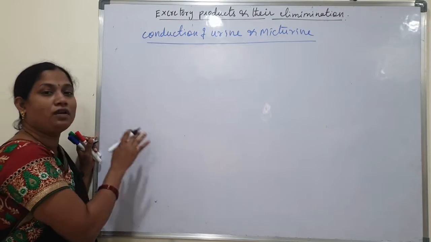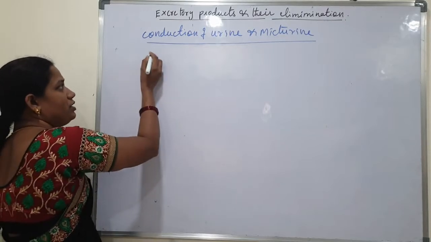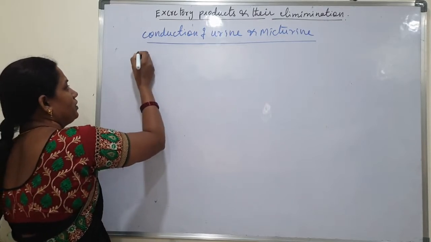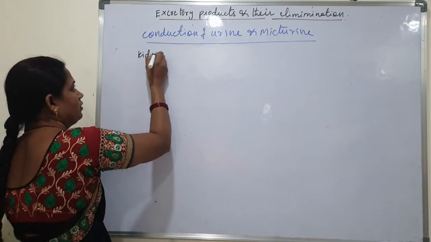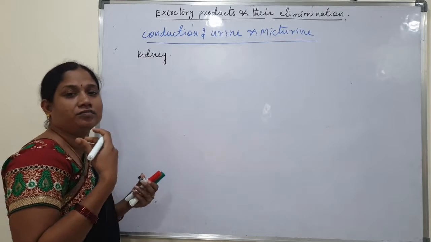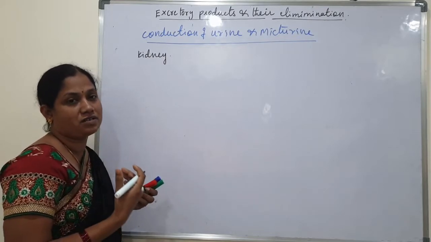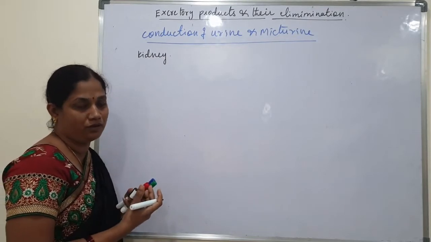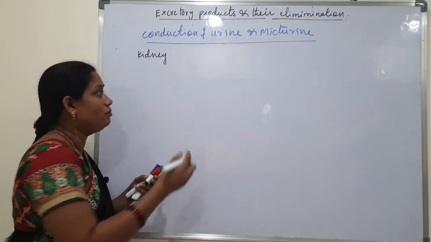First of all, urine is formed in the kidney. The nitrogenous waste products are filtered in the kidney to form urine.